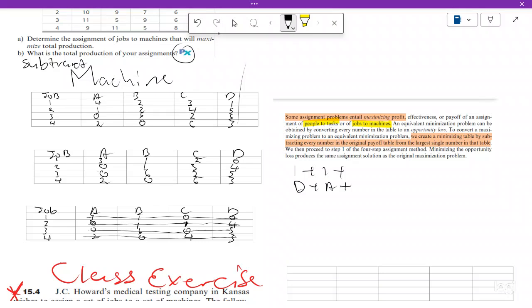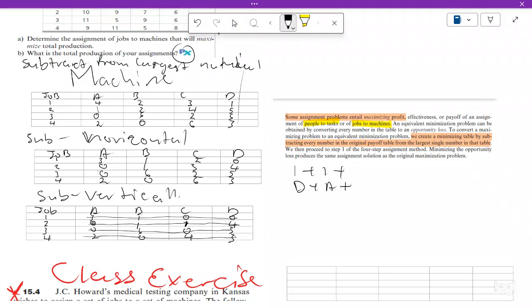Subtract from the largest number, or using the largest number, and then subtract horizontally, then subtract vertically. Understand?